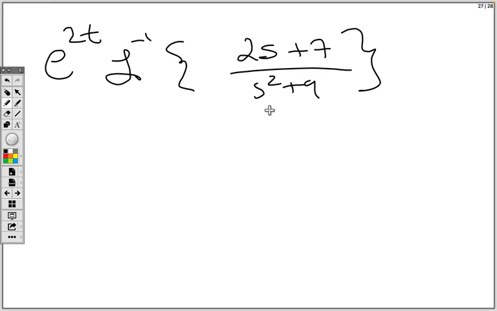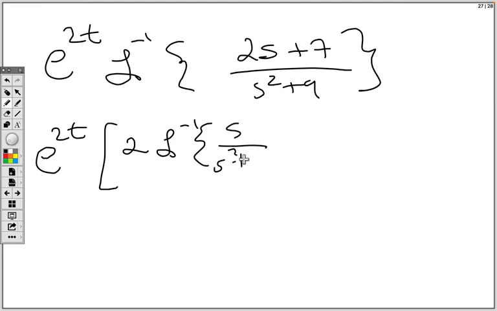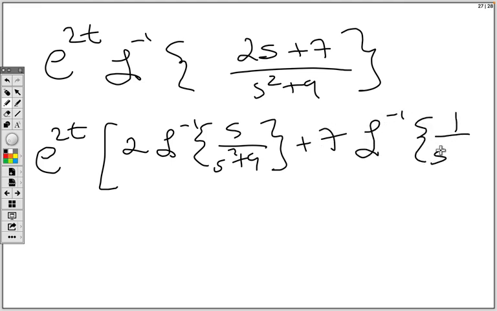Partial fraction decomposition is not going to get you anything on this. Why? Because the denominator is something we know how to handle, and the numerator is a proper fraction, right? It's 1 degree less. So now we can just apply linearity to it. We've got a sum of squares down here. That's a sine or a cosine. We've got an s up top, so it's a cosine.